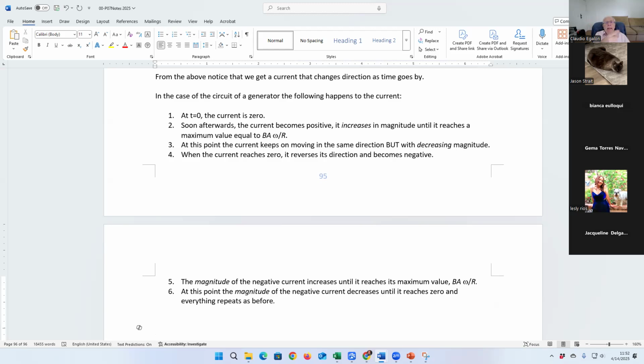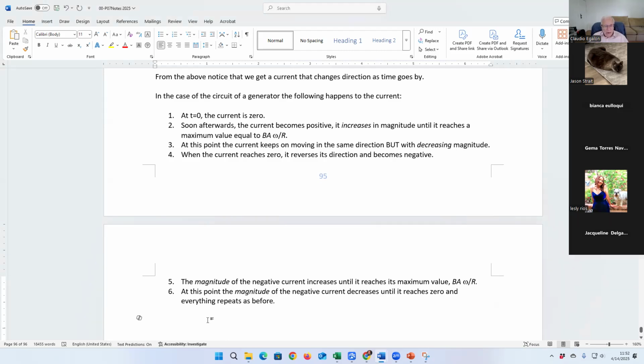You start at zero, increase its speed, reach maximum speed, decrease its speed, but it's moving in the same direction. When it comes to zero, then it reverses direction. That's what's happening to the tip of my finger, and that's a very good model of the motion of the electric charge in a generator.